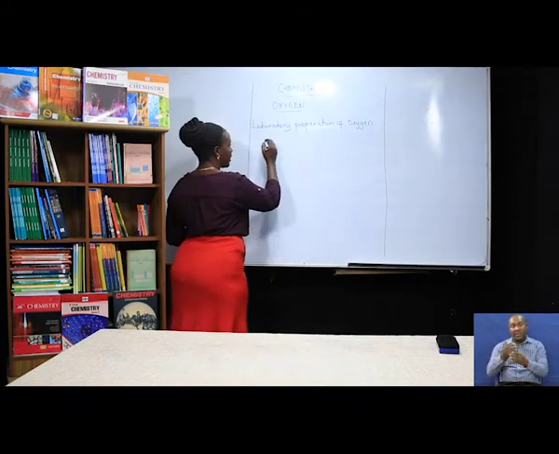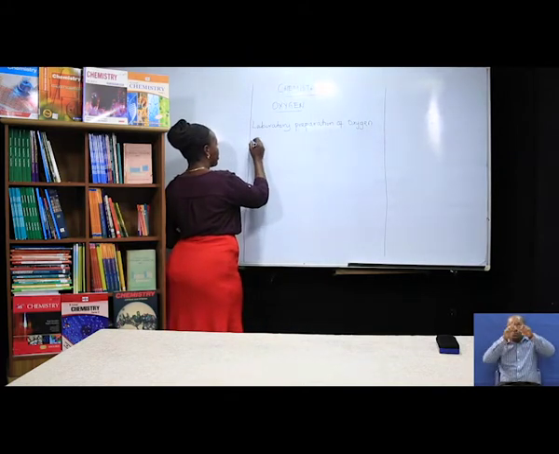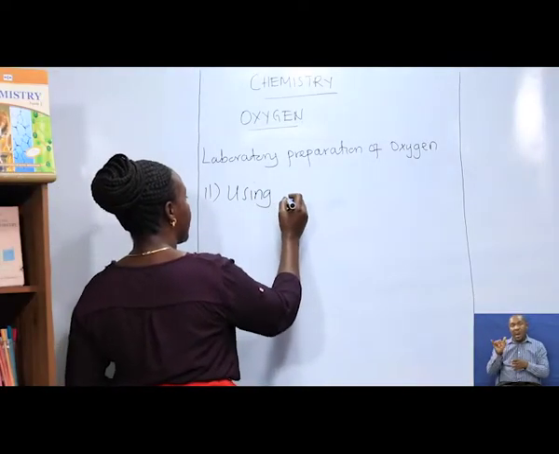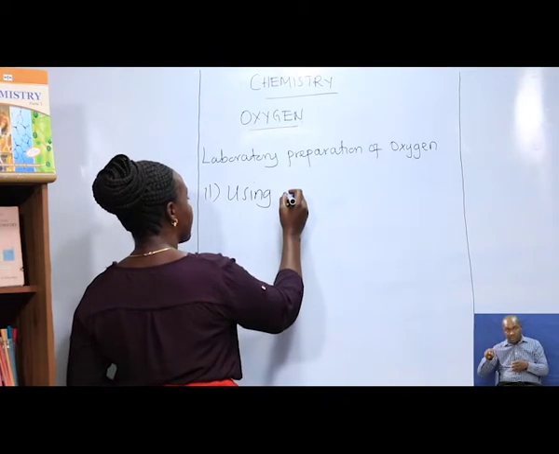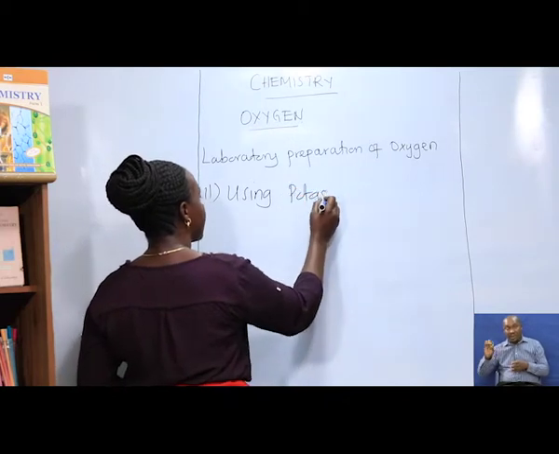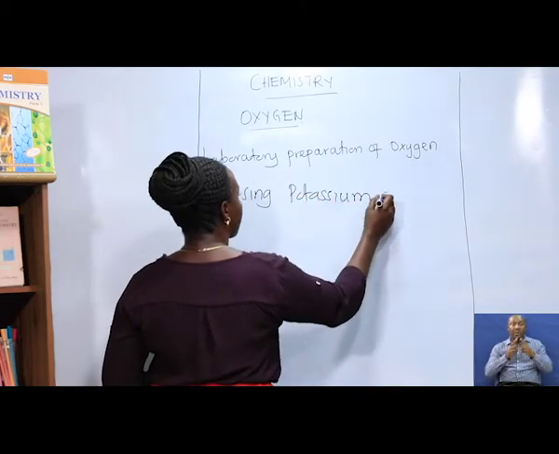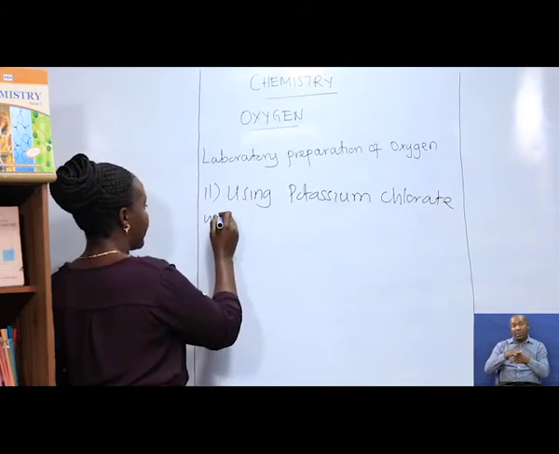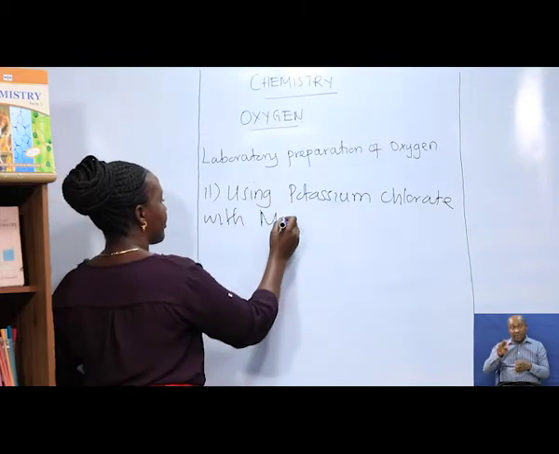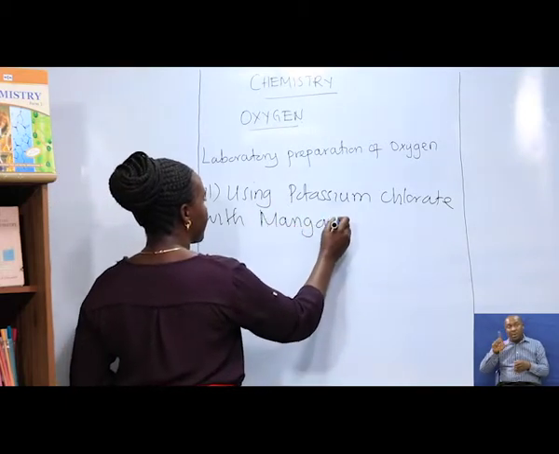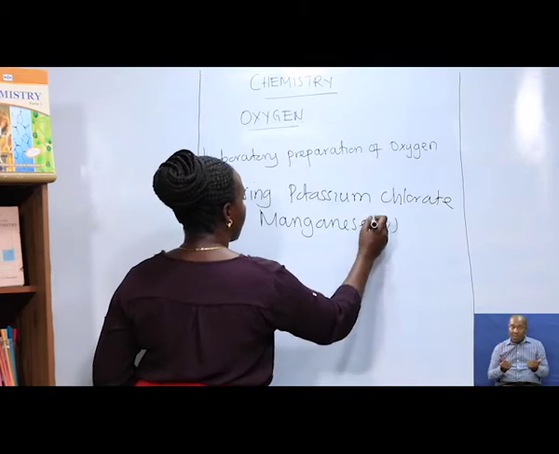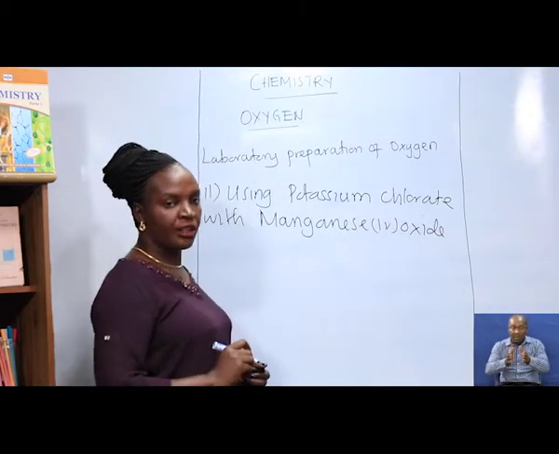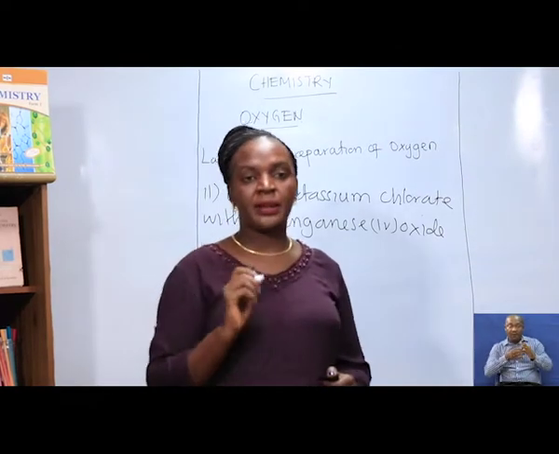Preparation of oxygen gas, number 2, using potassium chlorate with manganese 4 oxide. Remember, in the preparation of oxygen gas, there must be a catalyst.